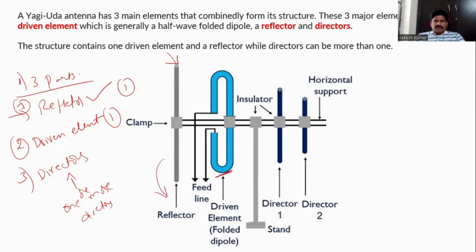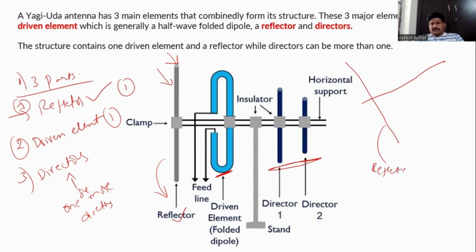Next, this is our driven element, and the remaining ones are called directors. The one occupying the higher size is the reflector, next the driven element, and all these are directors.